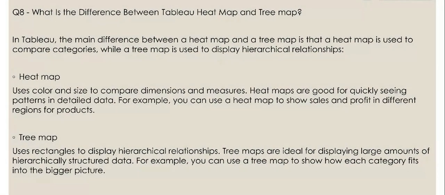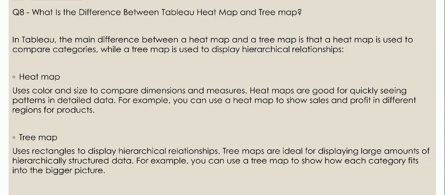Q8. What is the difference between Tableau heat map and tree map? In Tableau, the main difference between a heat map and a tree map is that a heat map is used to compare categories, while a tree map is used to display hierarchical relationships. Heat map uses color and size to compare dimensions and measures. Heat maps are good for quickly seeing patterns in detailed data.